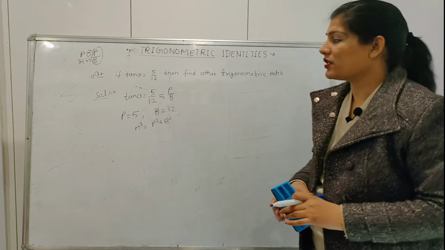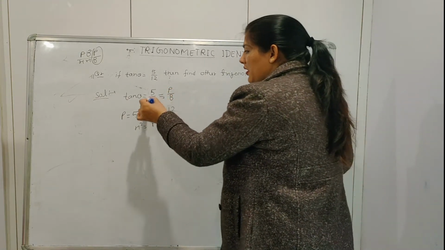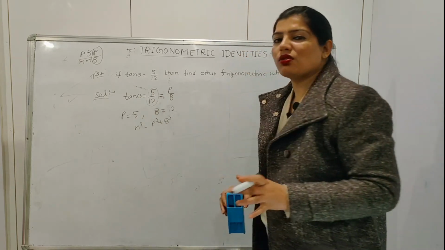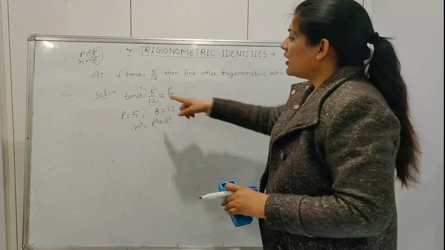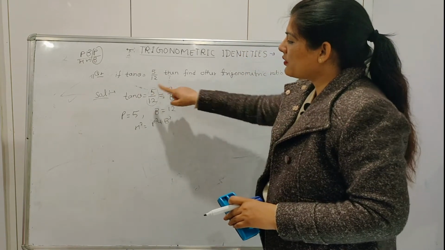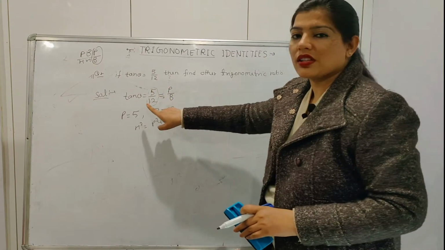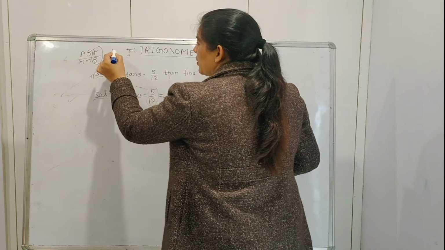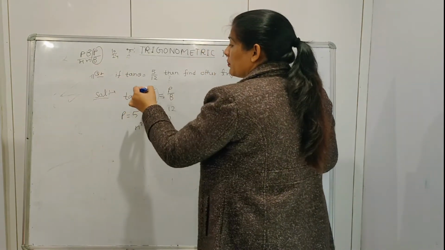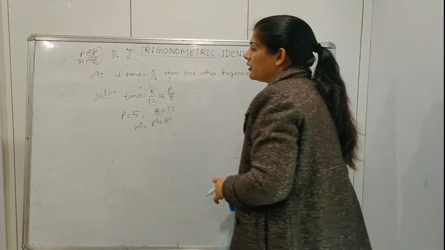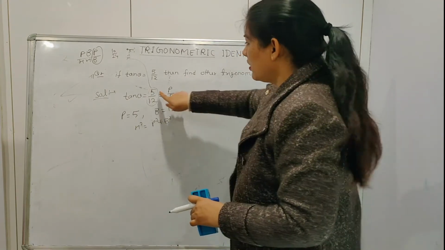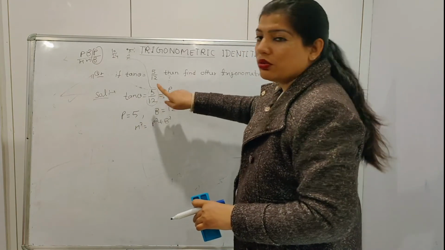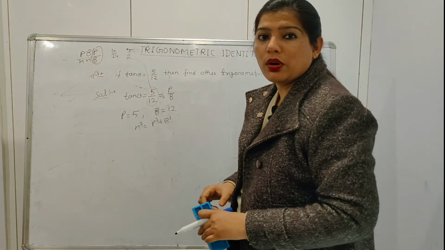Why? Because this is a ratio, and it is not necessary that perpendicular is always equal to this and base is always equal to this, because sometimes it can be 10 upon 24, because this is also an equivalent ratio here. If you multiply this by 2 and 2, you will get 10 upon 24.